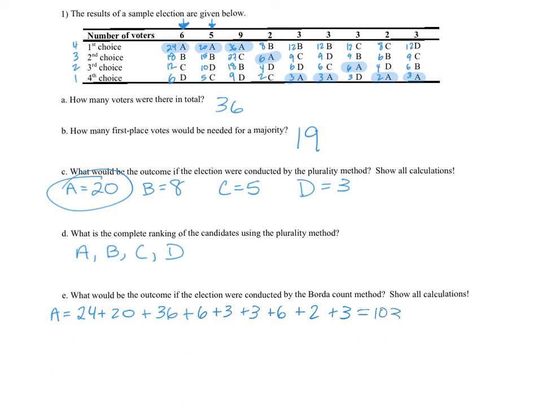Equals 103. Okay, now we'll add up all of B's points. I think I'll highlight B in a different color up here. So let's see, B, B, B, B, B, B, B, B, B. Okay, so B, highlighted in green, we've got 18 plus 15 plus 18 plus 8 plus 12 plus 12 plus 9 plus 6 plus 6.